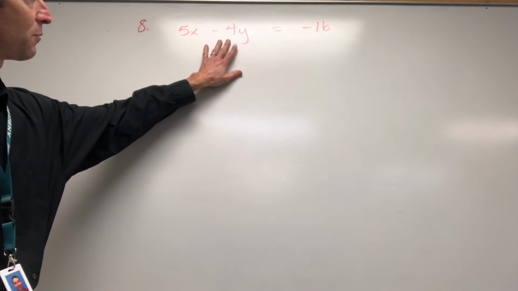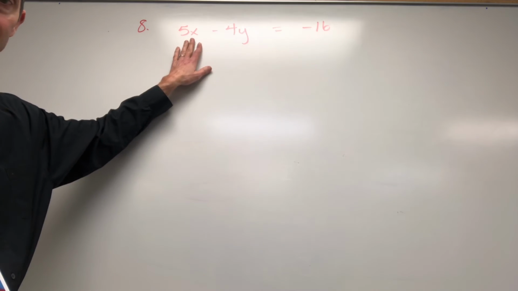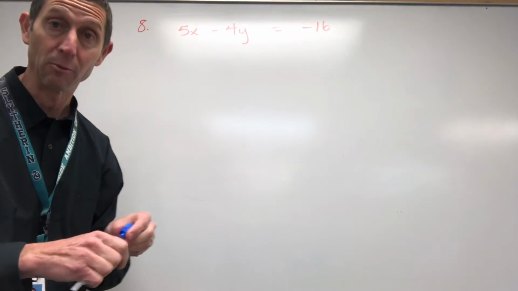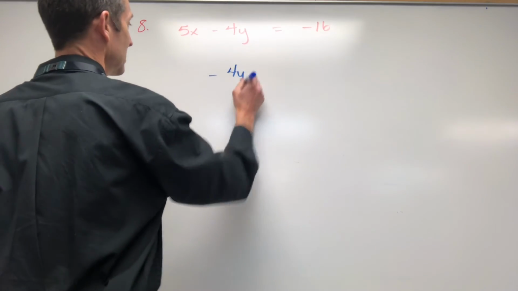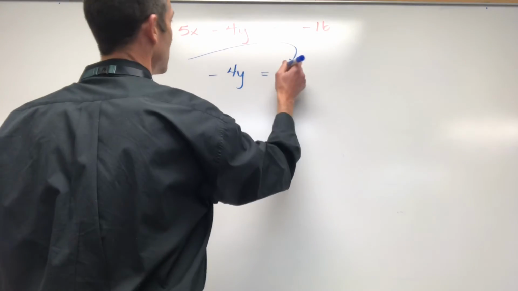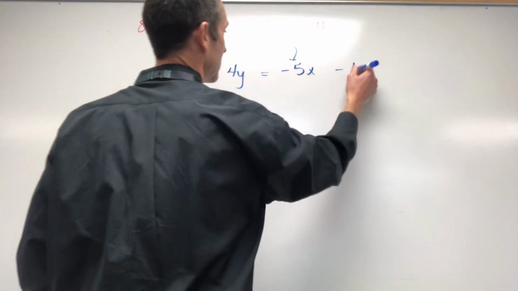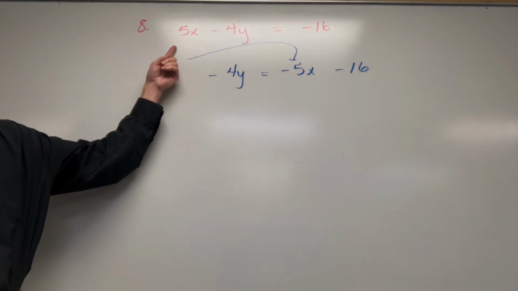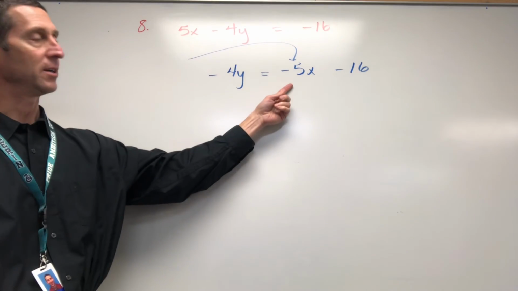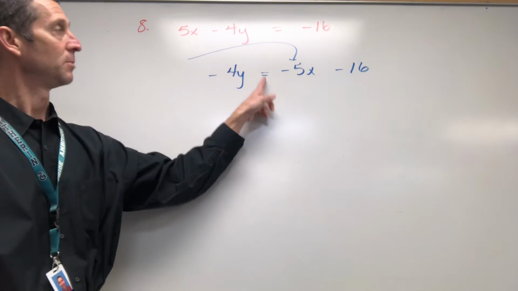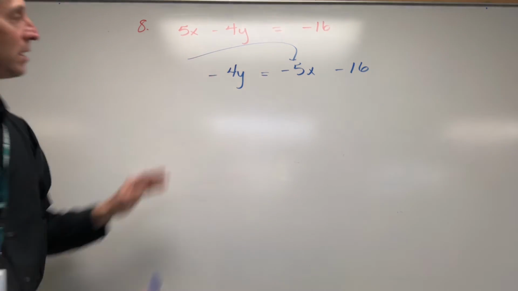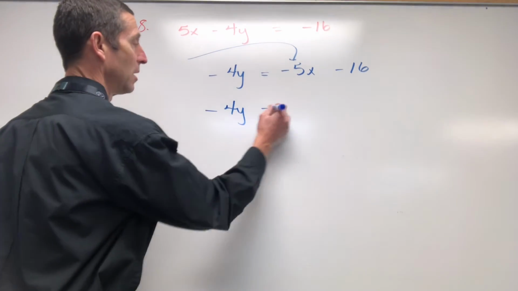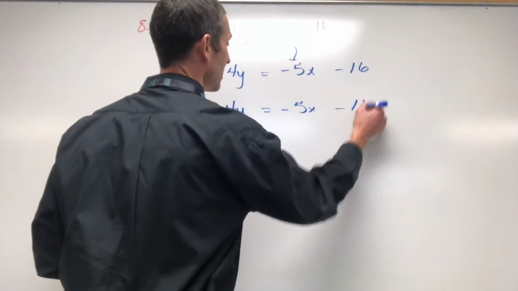This time, negative 4y, 5x. Let's start by moving the 5x where he's supposed to be, right after the equal sign. So negative 4y stays. 5x has got to travel. So 5x is positive. We get it over here just after the equal sign. But he did cross the equal sign, so let's change it into a negative. So we line up with negative 4y equals negative 5x minus 16.